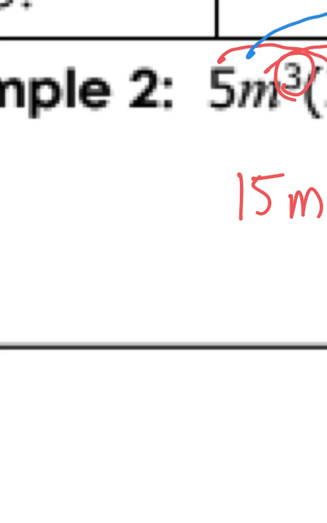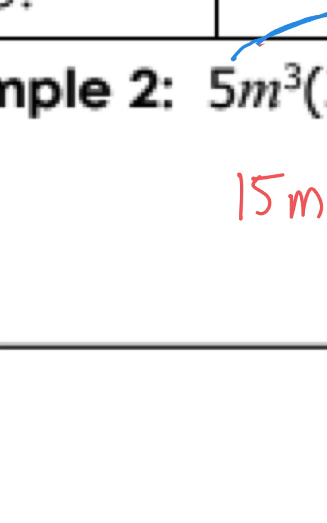Okay, so let's do the next one. Okay, so minus, then we have this 5 times that 1, because that's going to put a 1 right there. Although there's a letter, there's always a 1.